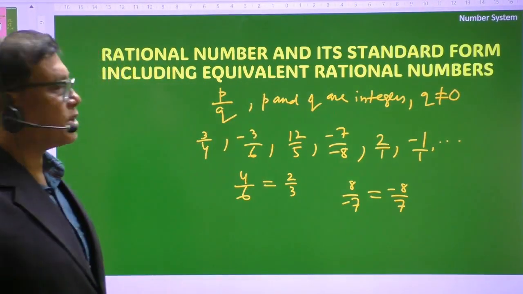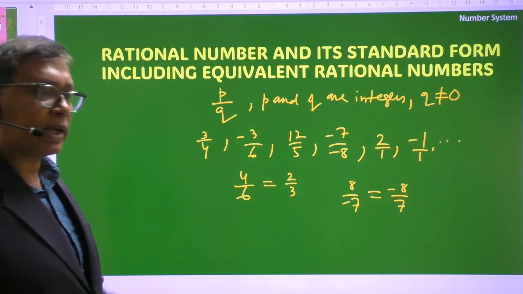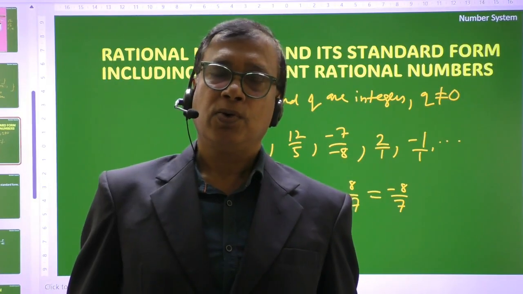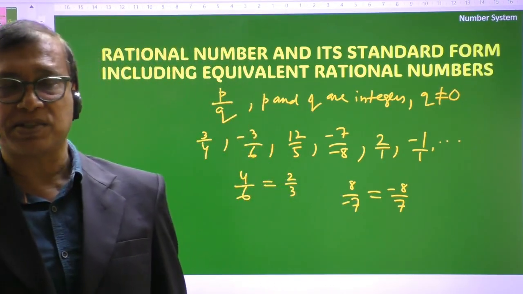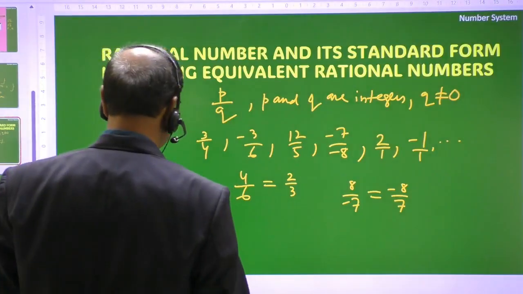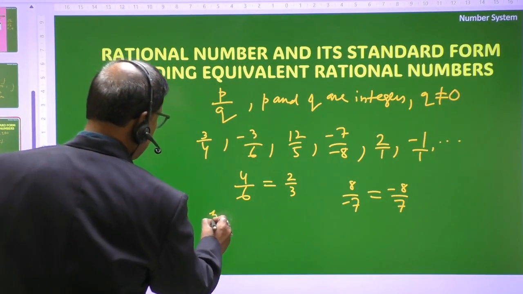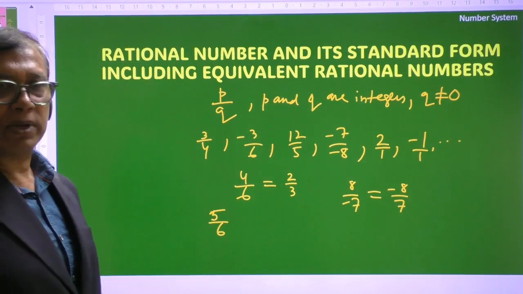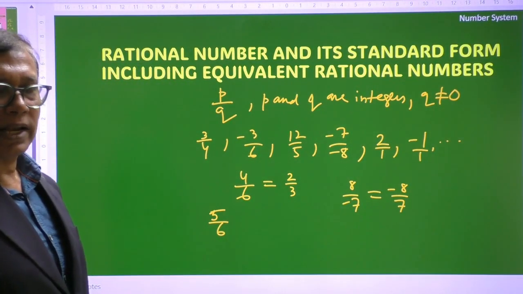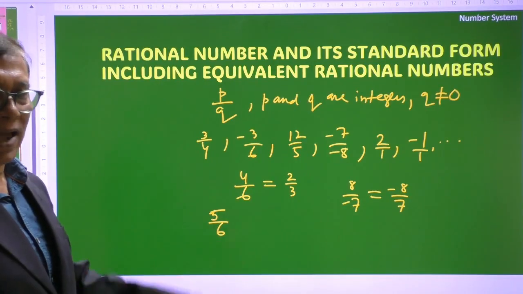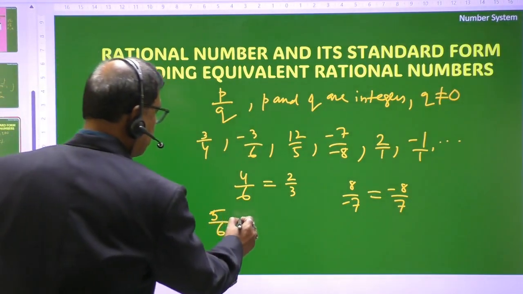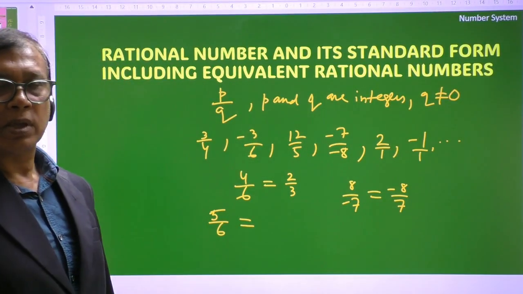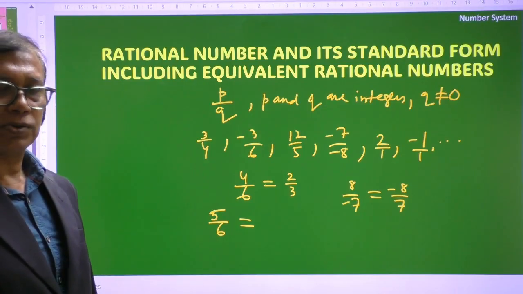Now, equivalent rational numbers. We can find many rational numbers which are equivalent to a given rational number. Yes? How? Suppose 5 upon 6, if I take this rational number, how can you find its equivalent rational number? Multiply both the numerator and denominator by the same integral value.